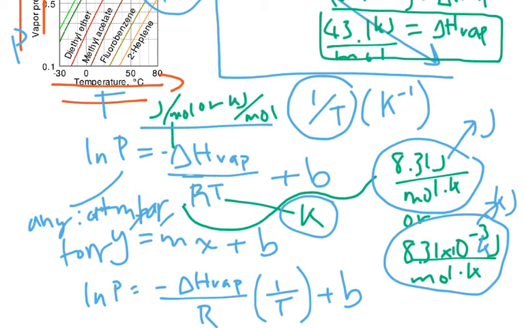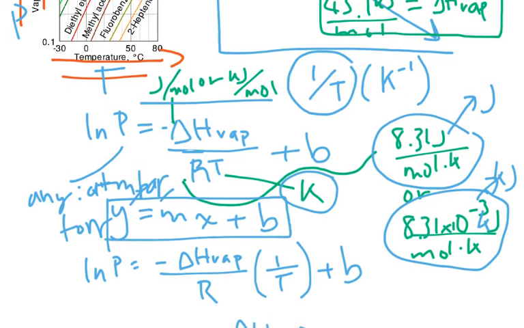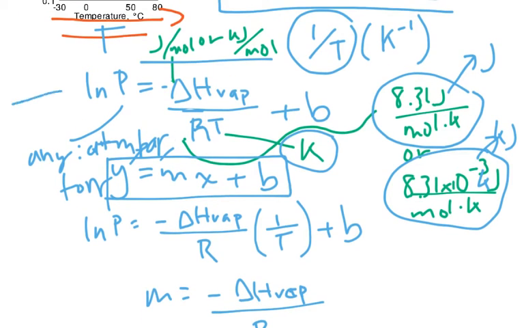So it's a cool equation, and it looks like y equals mx plus b. And if you remember from your math class, y equals mx plus b is the slope-intercept form, and it's the equation of a line. So how does this equation look like y equals mx plus b?